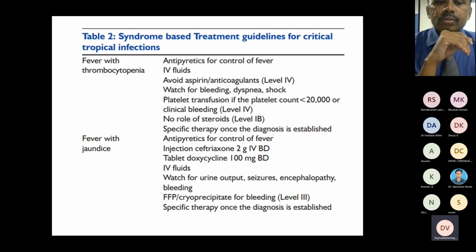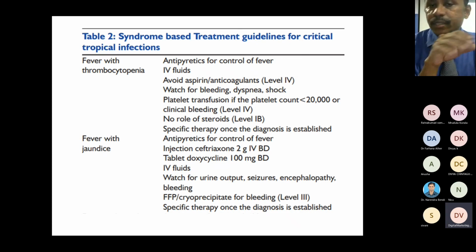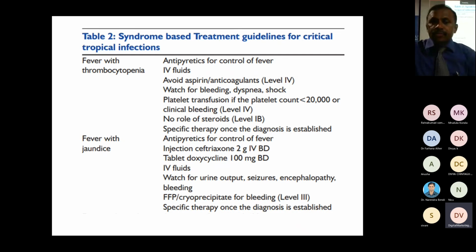And then, not to make it complicated, you would avoid aspirin and anticoagulants. And because there is thrombocytopenia, and you wouldn't know the threshold for bleeding in terms of platelet counts because it is different for different people, you would be more careful and look for any sign of bleeding.